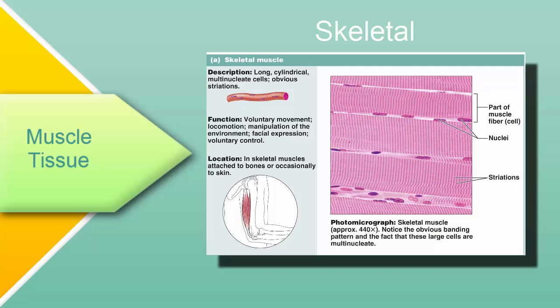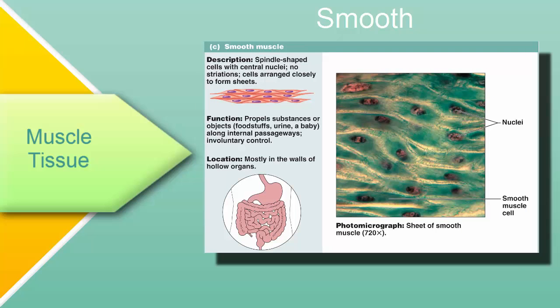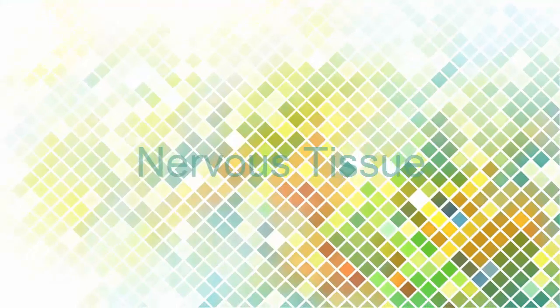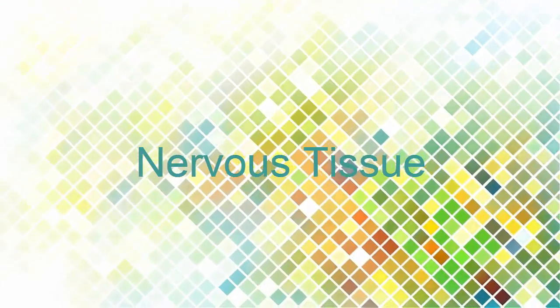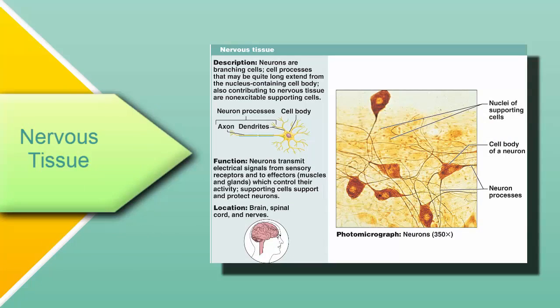So here are the pictures from your text. And lastly, we have the nervous tissue. This picture in your textbook is showing neurons, which is the functional cell of the nervous system. We'll have other slides in class where you'll be looking at neurons.